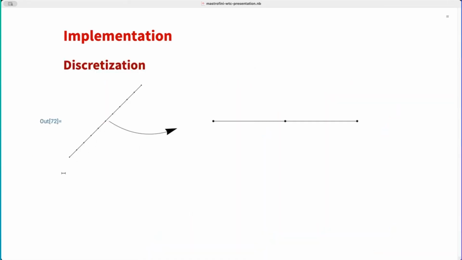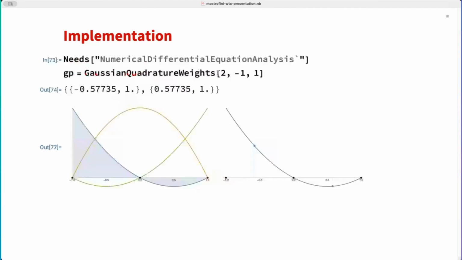So we discretize our space of solution into small segments, and for each of these segments, we describe the solution with special shape functions. Moreover, we also need to integrate this function, and for that we generally use a Gauss rule.